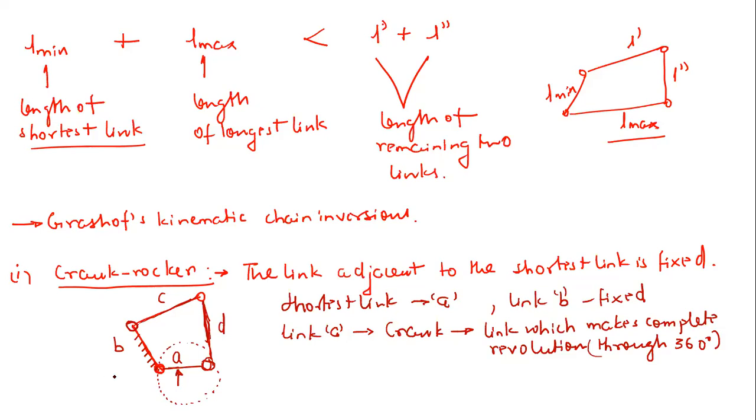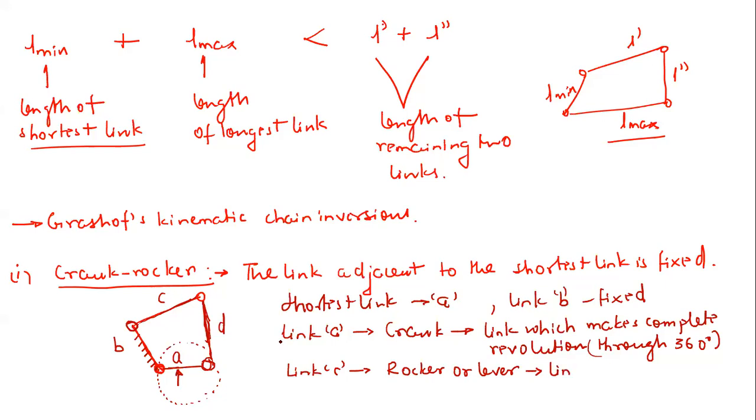Now, what will be happening to the motion of the other links? So see here, very important. Basically, we are interested in input and output. So this link A is going to act as an input link, and it will be called a crank. Now the output link, link C, is going to act as a rocker, or we call it a lever also. So what is a rocker or a lever?